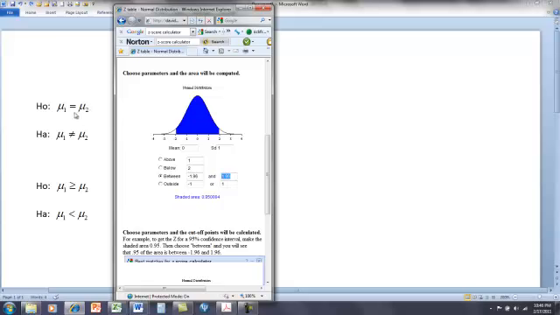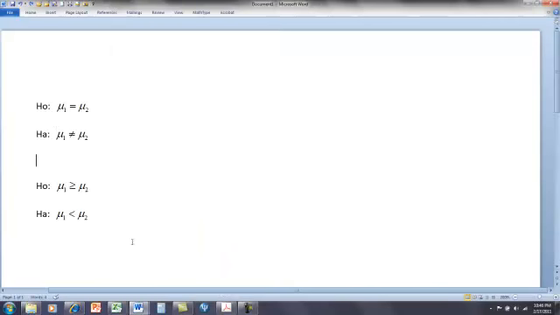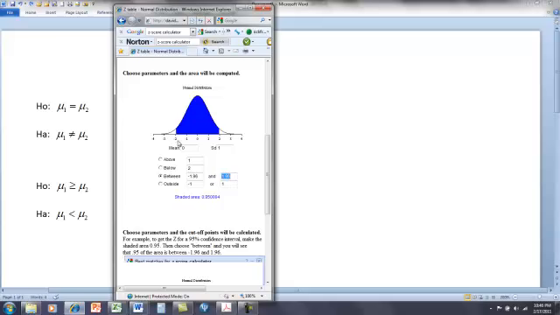Or if mean 2 is very much larger and mean 1 minus mean 2 is very small, negative, well, the value will fall out here. Either way, we reject the idea that they're the same, and we accept the alternate hypothesis. Okay. Well, there's two tails in which we will reject the null hypothesis. So this is a two-tailed test.